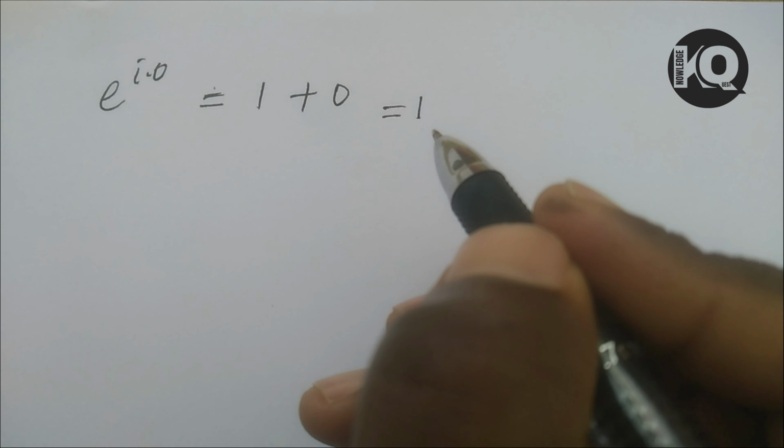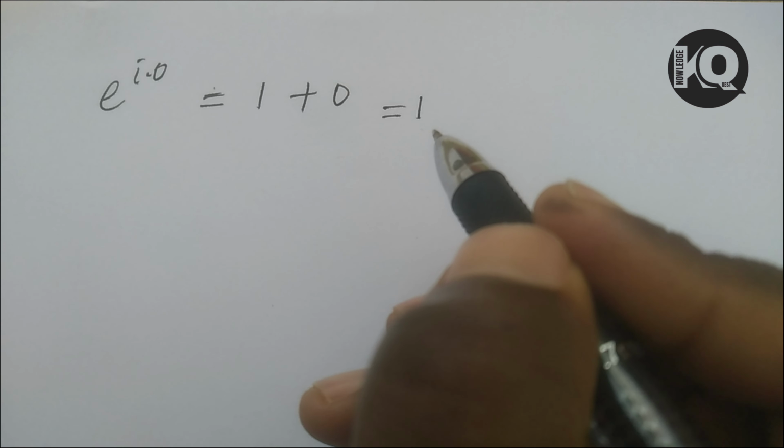So for its period, theta is equal to 2k times pi, where k is an element of the integers. So e to the power of i times 2k times pi is equal to 1.